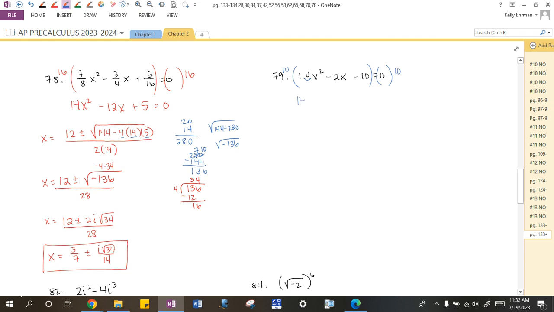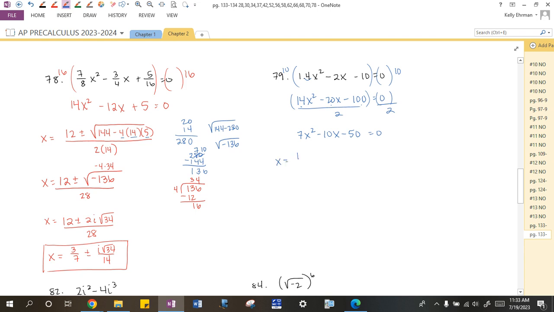That makes this 14x squared minus 20x minus 100 still equals 0. And then before you dive into the quadratic formula, notice that these are all even numbers. So you're also allowed to divide both sides of the equation by 2. Now it's 7x squared minus 10x minus 50 equals 0.